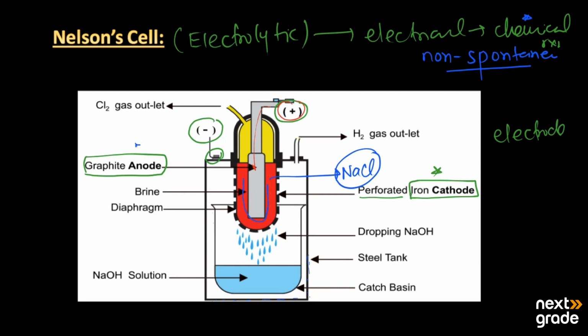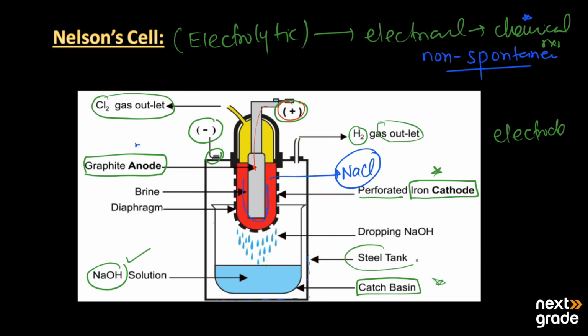The simple reason is to collect the sodium hydroxide solution in the catch basin, because chlorine gas and hydrogen gas are also produced. These two gases are removed from the outlets on the top of the cell, and downward we take the sodium hydroxide in the catch basin.